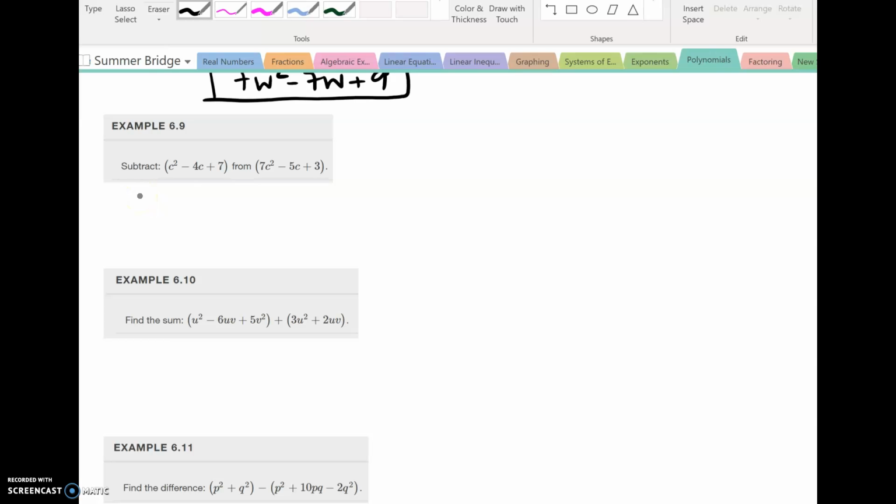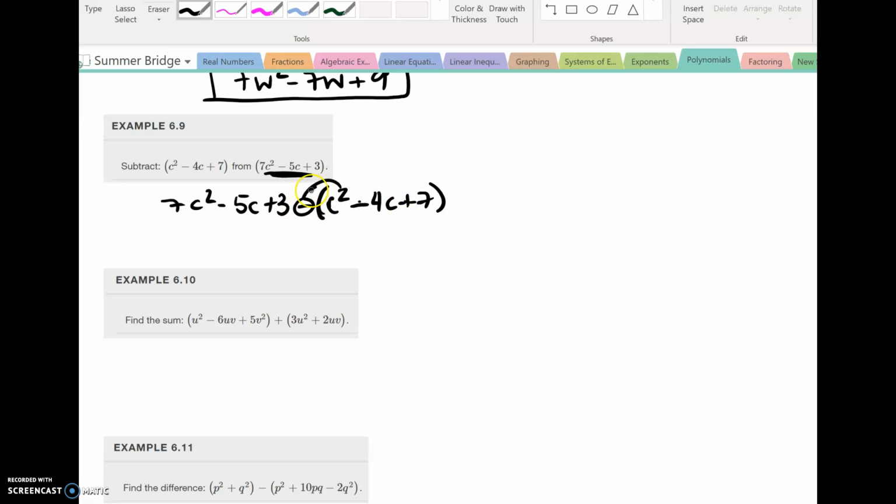So, next example, it says subtract this trinomial from this second trinomial, which means this is the trinomial that goes first. c squared minus 5c plus 3, and we're subtracting the c squared minus 4c plus 7. Now keep in mind you do need parentheses because we're subtracting the whole quantity of c squared minus 4c plus 7.